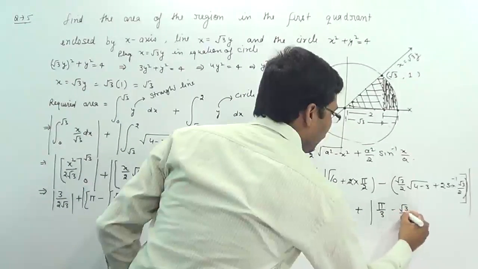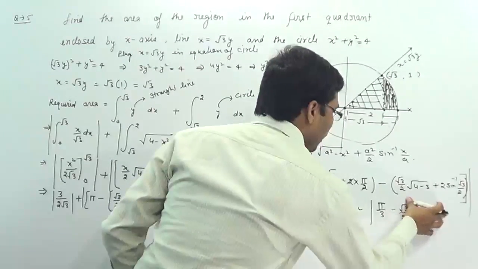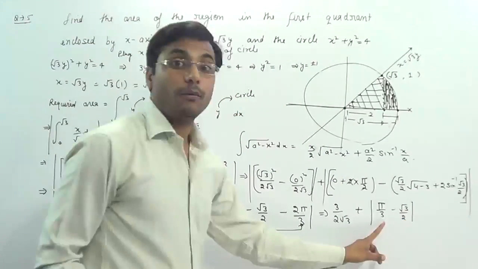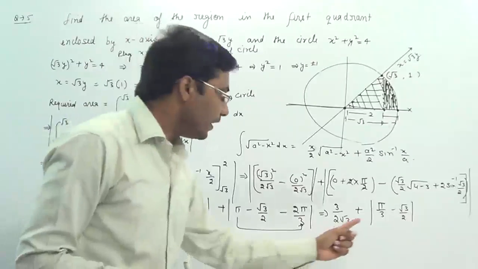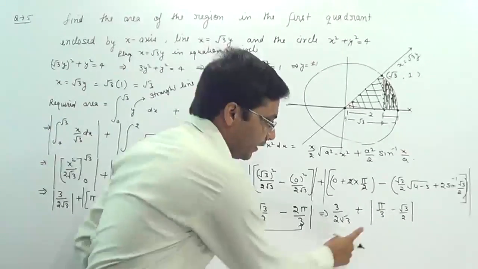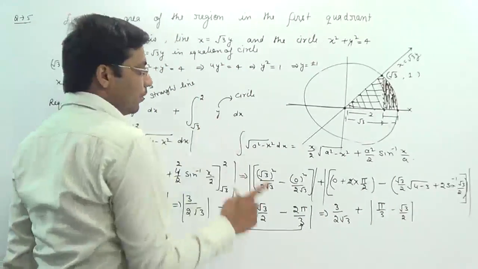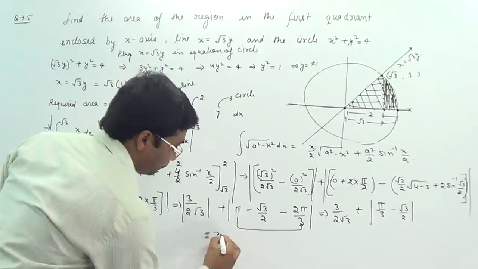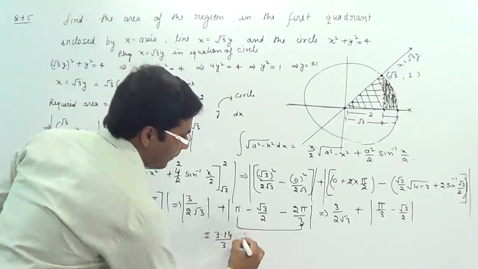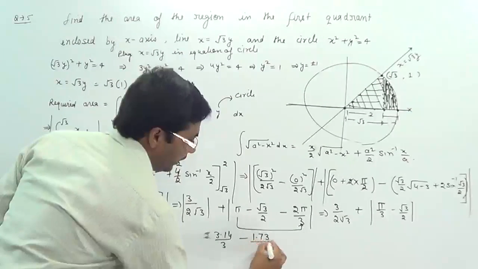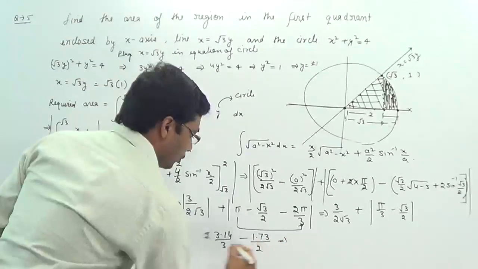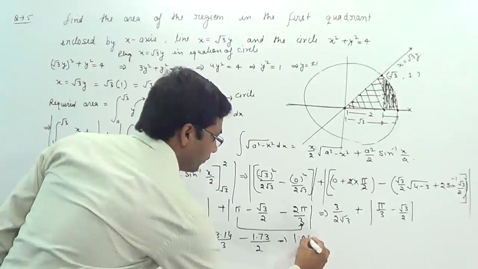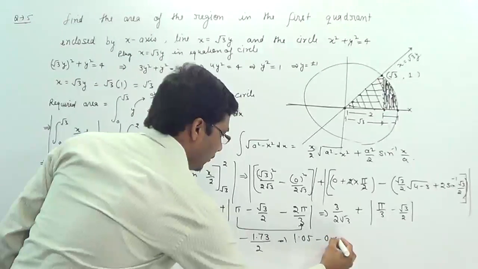minus root 3 upon 2. So let's check whether this value is positive or not. If it gives negative, then we will change the sign to remove the sign of mode. So we know that pi is 22 upon 7, pi is 3.14 divided by 3 minus root 3 is 1.73 divided by 2. So let's check it out approximately.